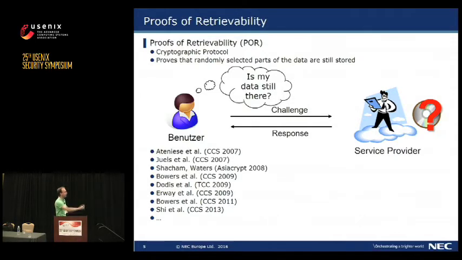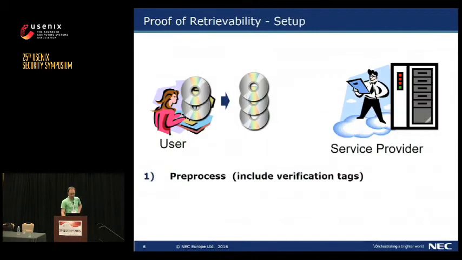And then get back a response which gives him a proof that the data is still there. Trivially, it could be that the user downloads his data and checks if it's there. But of course, the protocols try to do this very efficiently.